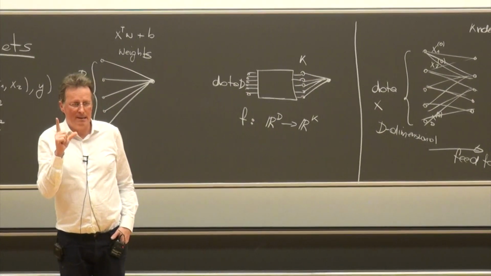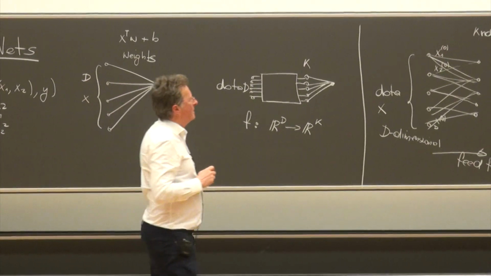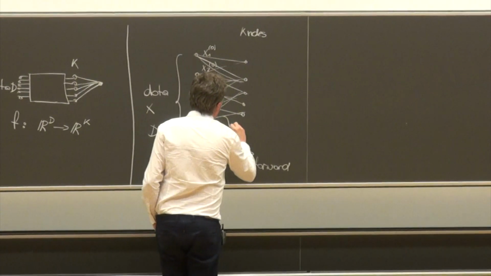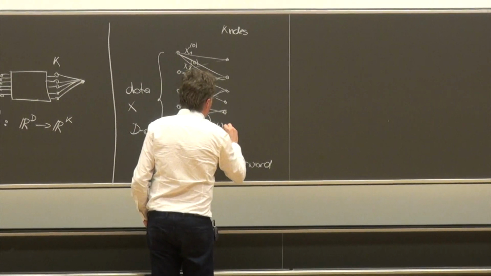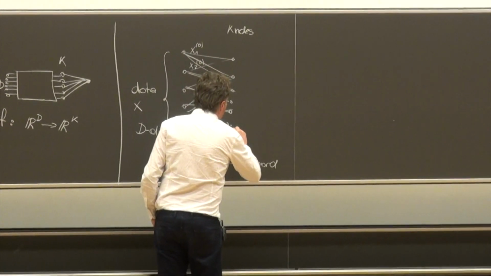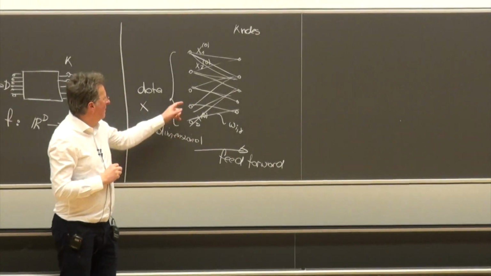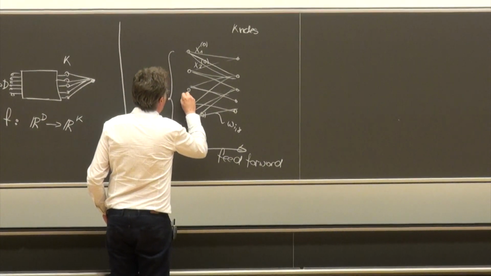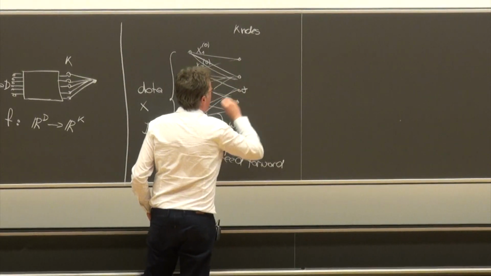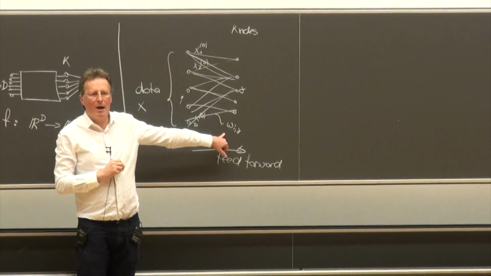And what I'll put on these edges will be weights. So I need to denote the weight, and so I'll call it w_ij. So if I'm connecting from node i to some node j here, then the weight will be w_ij.